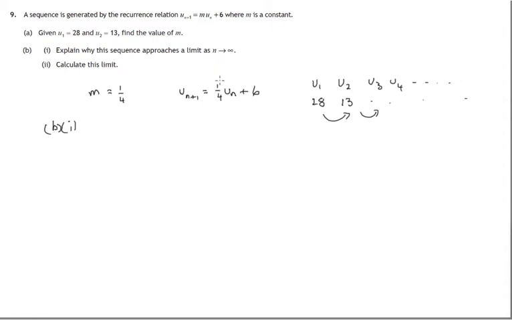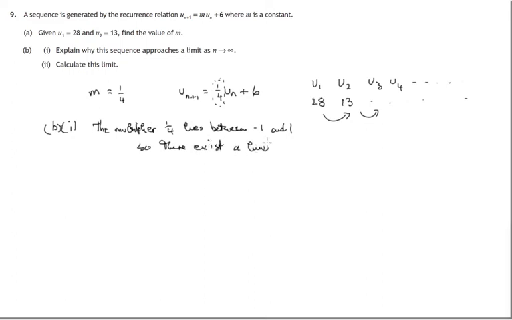And the reason lies in this multiplier. So long as that multiplier lies between -1 and 1, there will be a limit. And you have to state that very clearly. So the multiplier, a quarter, lies between -1 and 1, so there exists a limit.